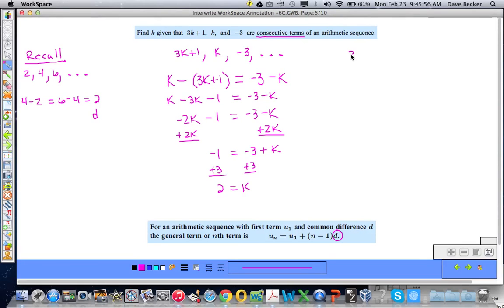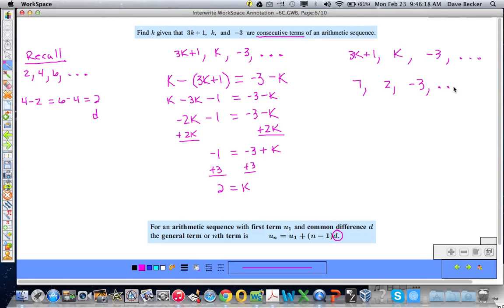Let's just check it real quick, just to make sure it's an arithmetic sequence. You can always do this for a question like this. So if k is 2, we found k to be 2, 3 times 2 is 6 plus 1 is 7. That would be the first term that I'm given. Then this k is 2, obviously, and then negative 3.